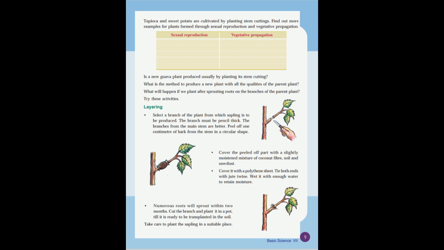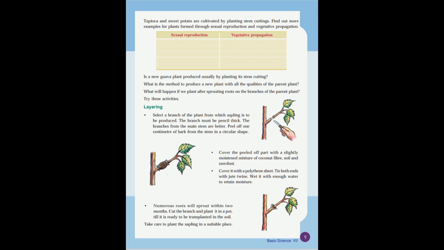Then cover it with a polythene sheet and tie both ends with a twine, a small rope. You have to wet it enough so that it is moist every time. It should have a slight touch of water. Then within 2 months, numerous roots will sprout. Now you can cut that branch and plant it in a different pot.